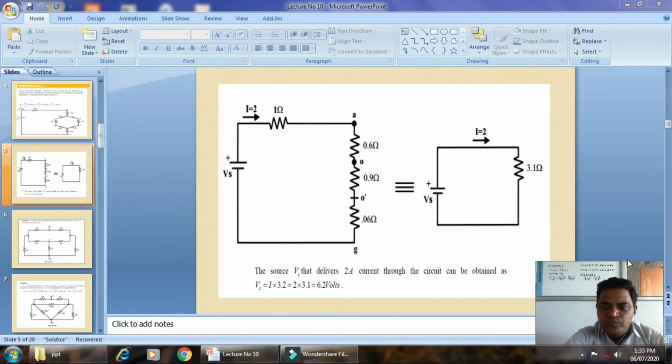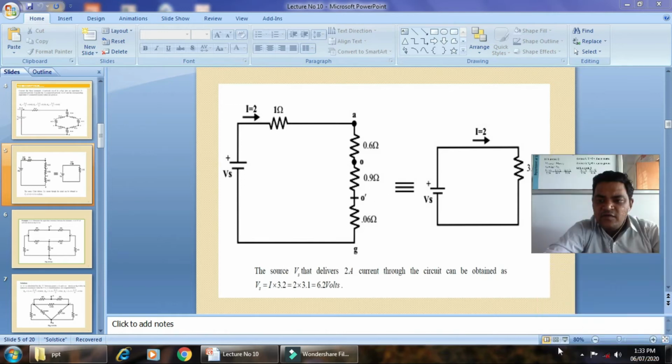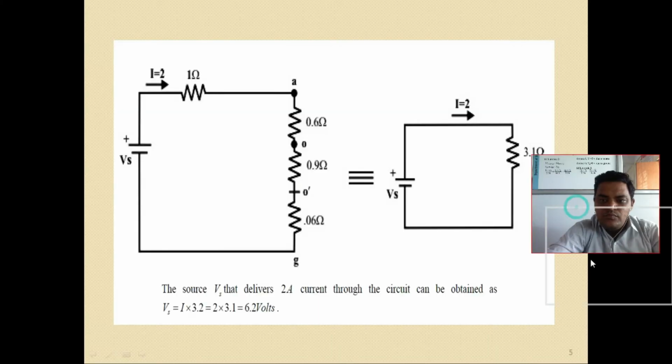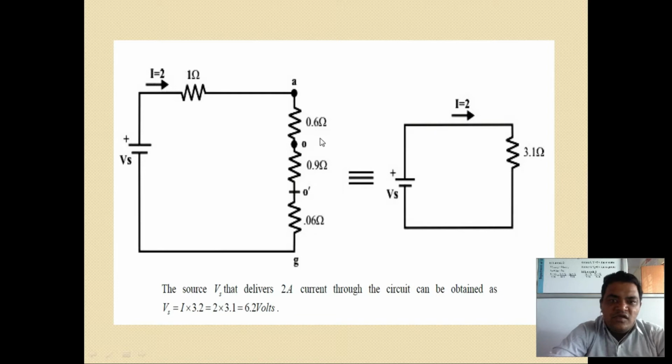So this 0.9 comes in series here, and 0.6 plus 0.9 plus 0.6 gives the equivalent resistance, which is 3.1 ohm.